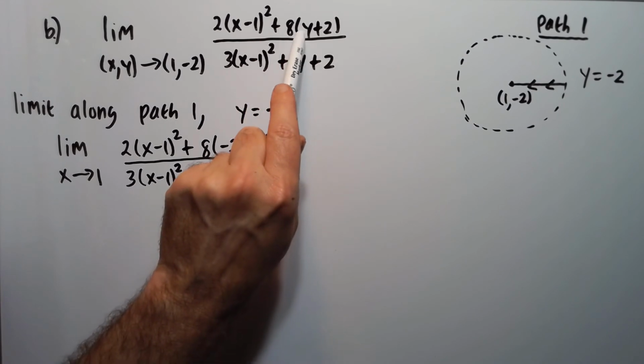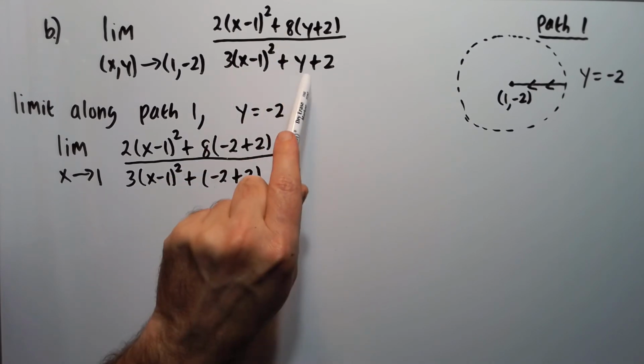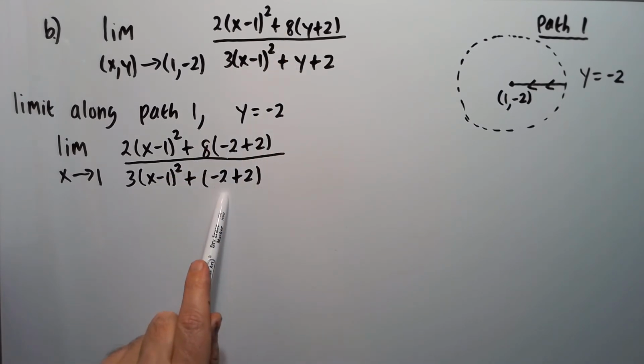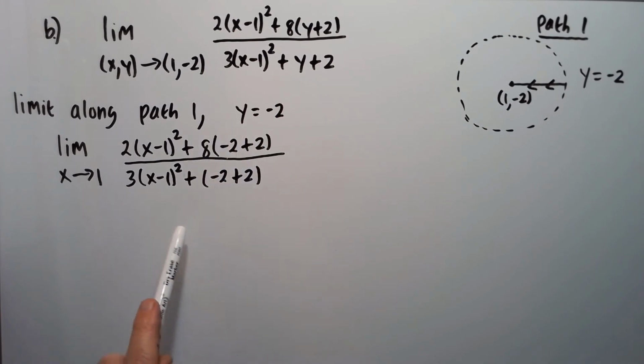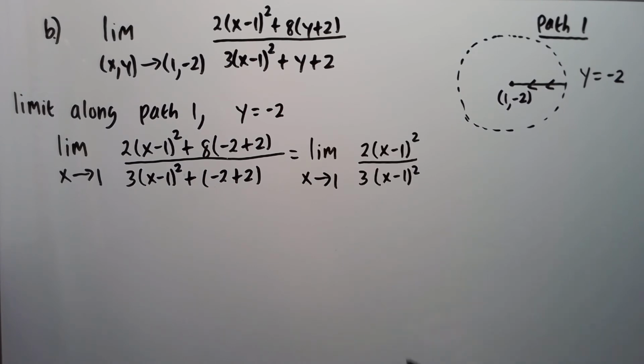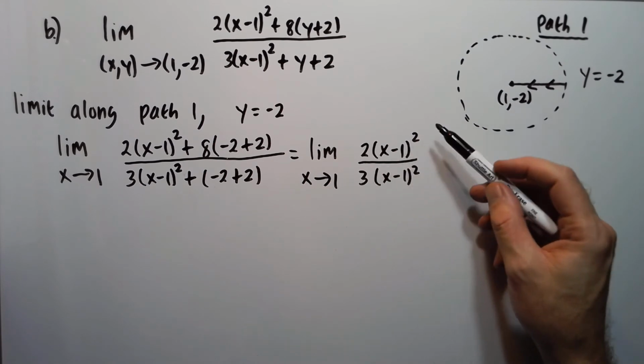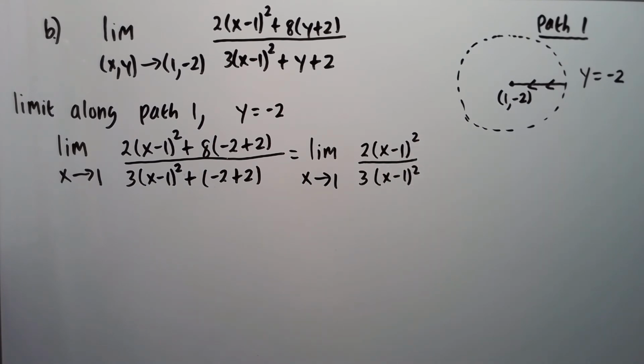Then replace the y's with -2, and that's 0 there, and that's 0 there. So the (x − 1)² terms will cross off, and it looks like we'll just get 2/3 as our answer. So we get 2/3 from path 1.